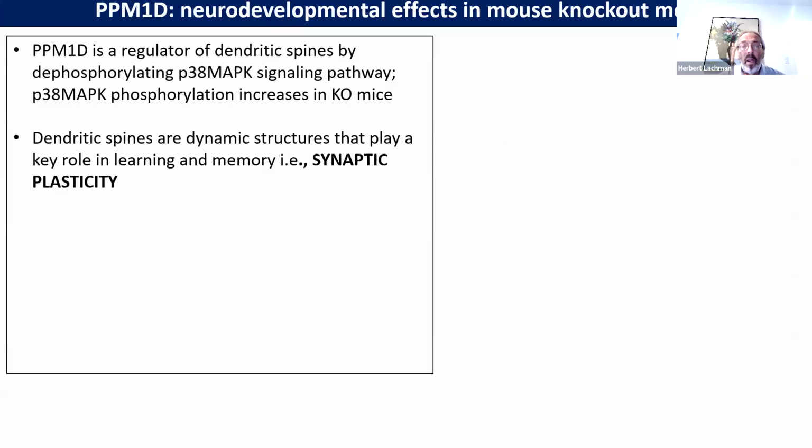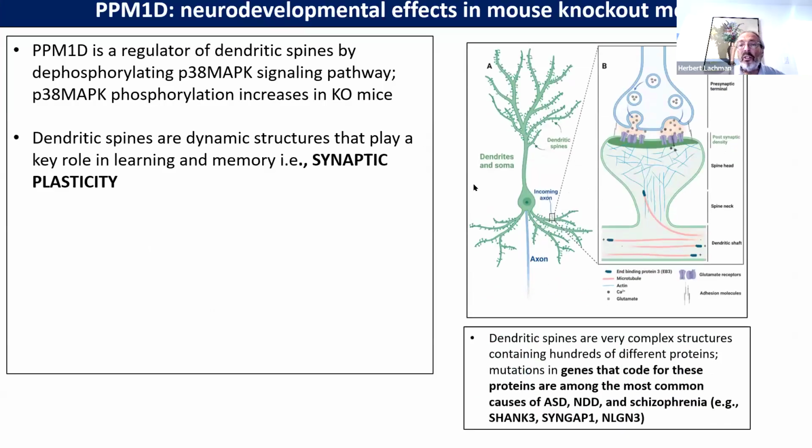dendritic spine function. Dendritic spines are structures that sit on neurons. This is a neuron. These projections are called dendrites. And sitting on dendrites are these dendritic spines. Here's a close-up view of them. And this is where learning and memory occurs. Spines are very dynamic structures.